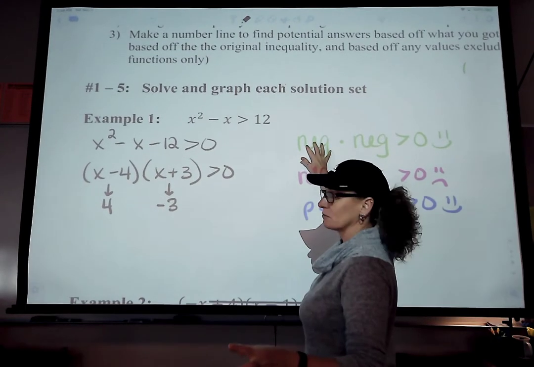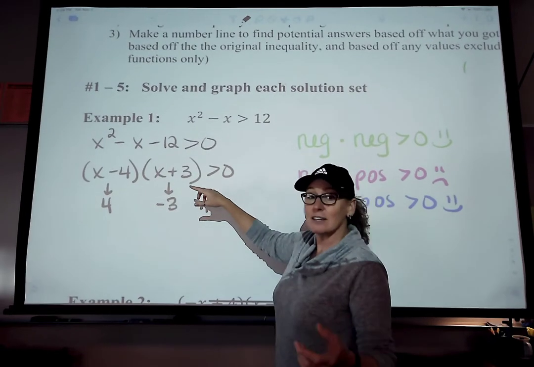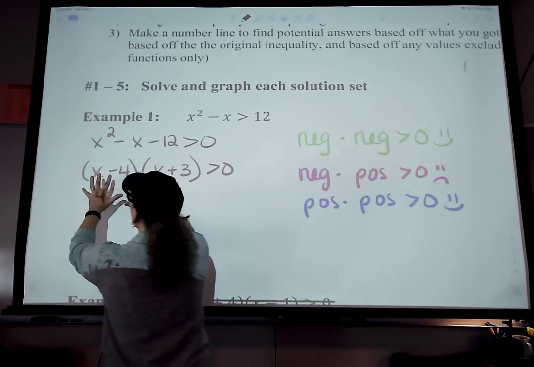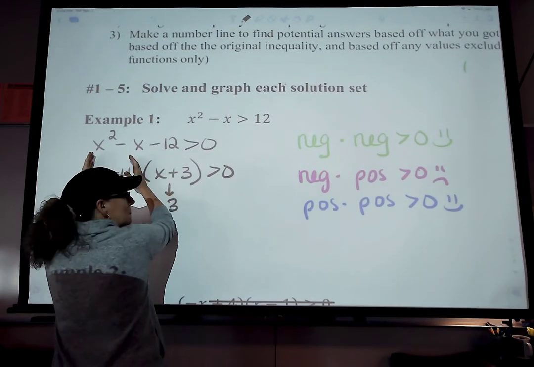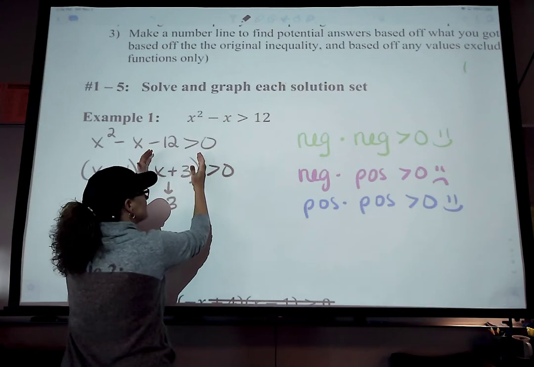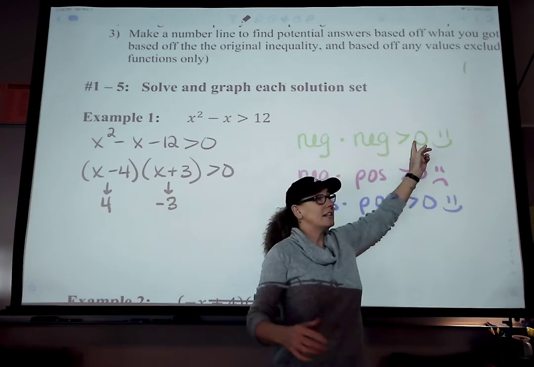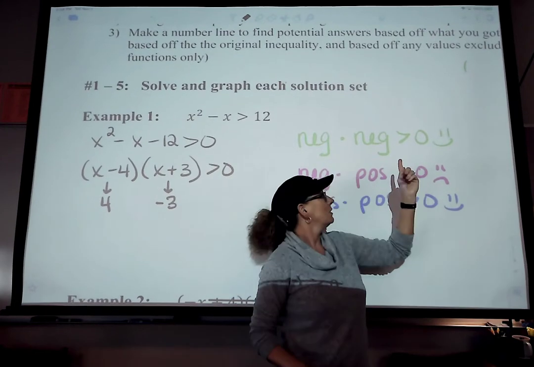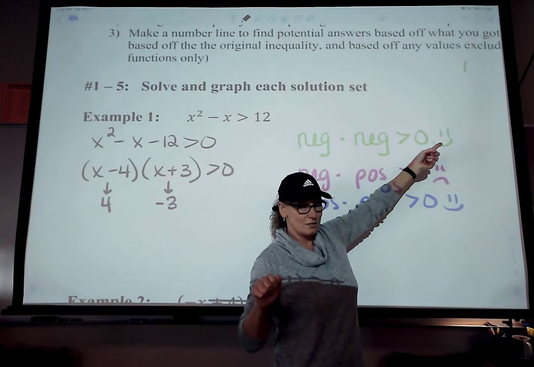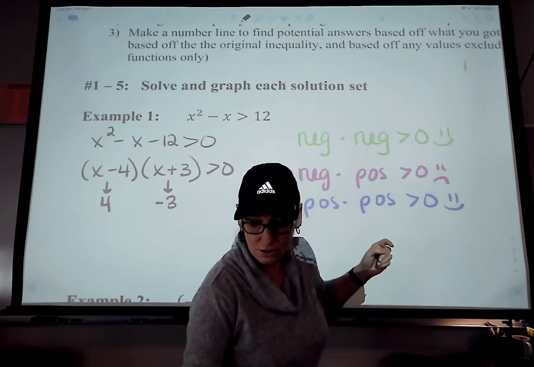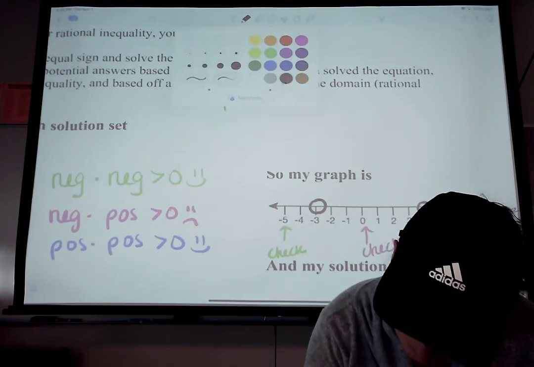Negative 100 plus 3 is negative. So plugging in negative 100, this set of parentheses is negative, and this set of parentheses is negative. And what do you get when you take a negative times a negative? Do you get something that is greater than 0? Well, yeah, you do. So the green section works. I am going to color in the green section.